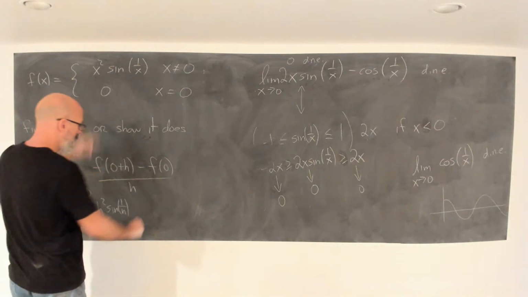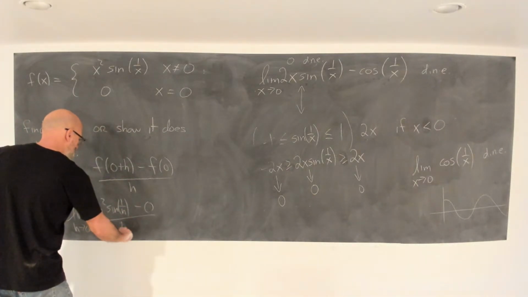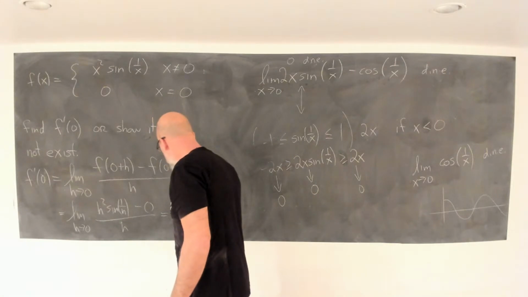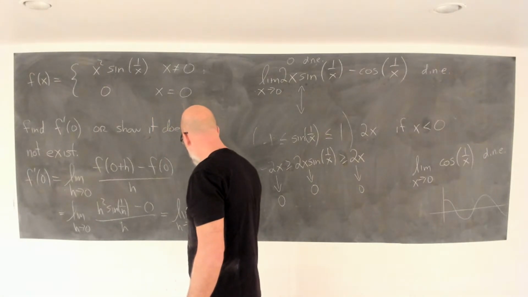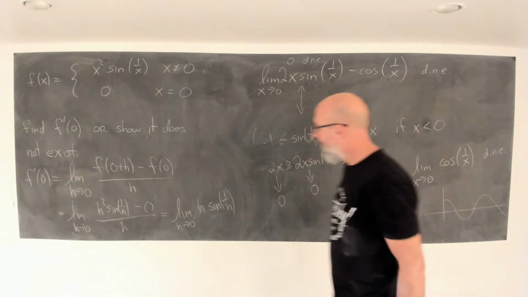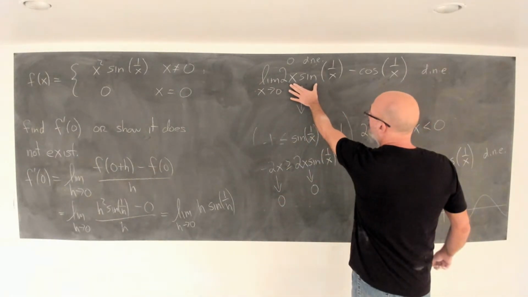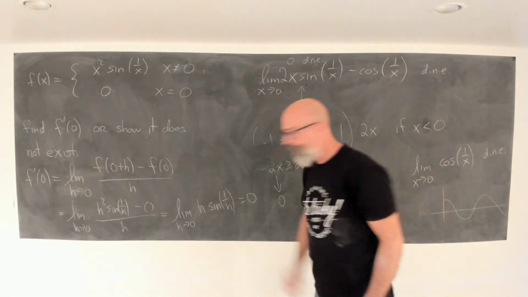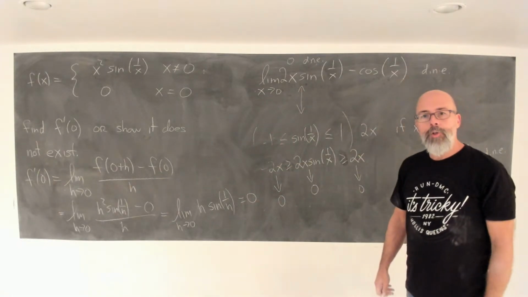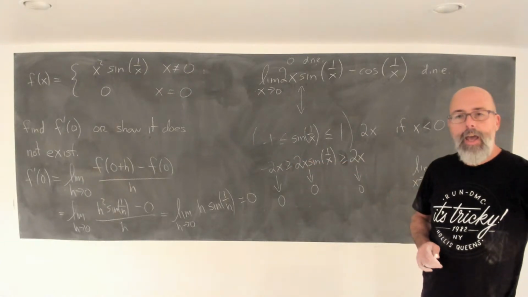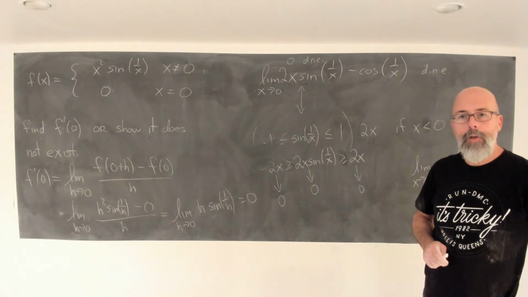F of 0 is 0. So you see, this is just the limit as h goes to 0 of h sine 1 over h. And this limit is exactly this part, which we showed was equal to 0. So in fact, the derivative at 0 does exist, and it's 0 by the squeeze theorem.